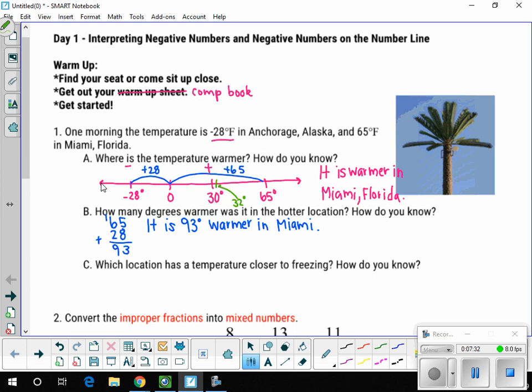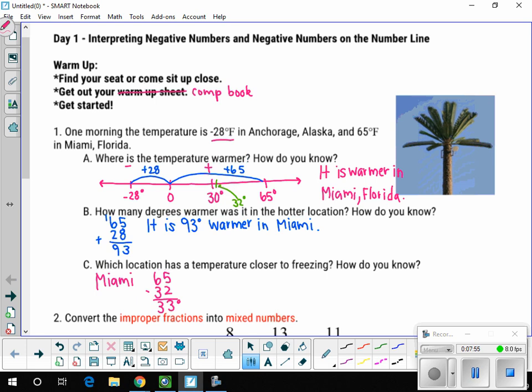So let's start off with Miami, which has a temperature of 65. We're going to subtract 32 to find our difference. So Miami is 33 degrees away from the freezing point.